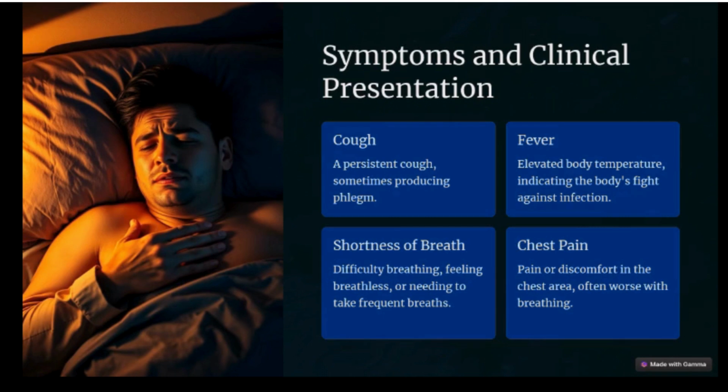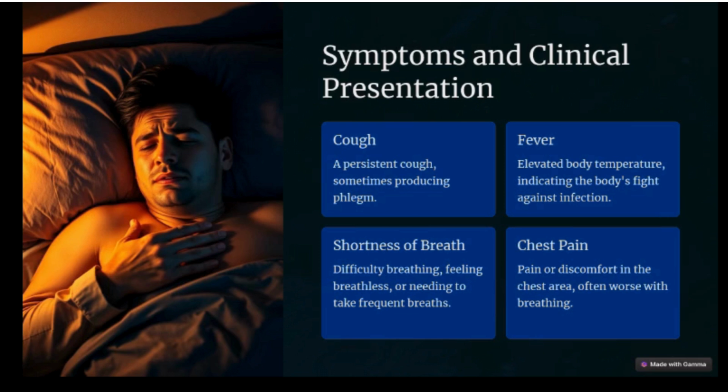Then we see shortness of breath or difficulty breathing, the feeling of breathlessness or needing to take frequent breaths. Chest pain or discomfort in the chest area often worsens with breathing. Then fatigue and malaise, and increased heart rate, which is also known as tachycardia in medical terms.